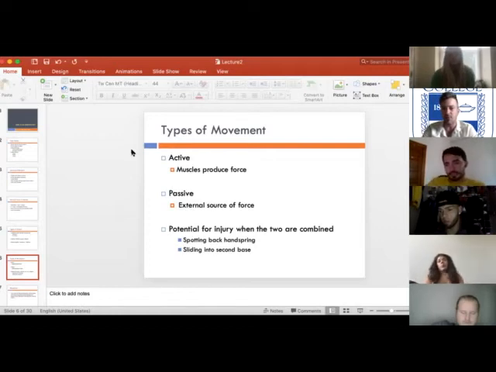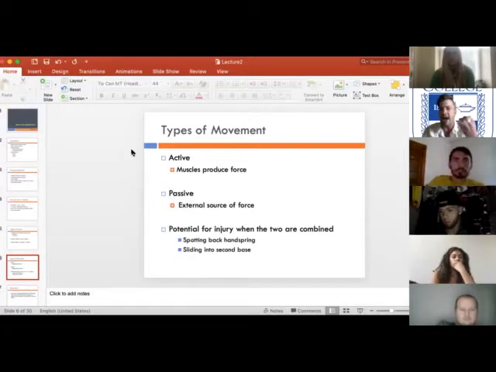We're going to use stress strain curves, and I'll show you a little bit more about that when we get into connective tissue. But typically a muscle tendinous unit is going to experience injury or strain when there's an active muscle contraction coupled with an external source of force. And when that external source of force reaches a particular threshold, then that tendon has got to do something.